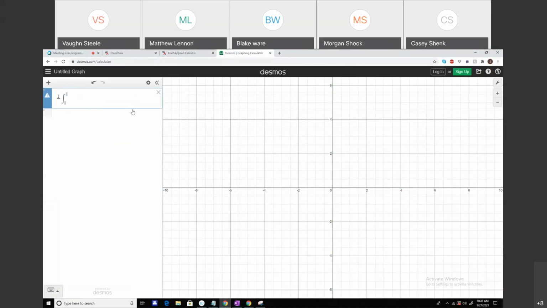So 1/6, then we're integrating from 0 to 6, 3.2 e to the 0.5 t dt. And we see we get the same answer that we had written down. So that's another way to double check if you're not convinced of something that you're typing into your calculator, for whatever that's worth.